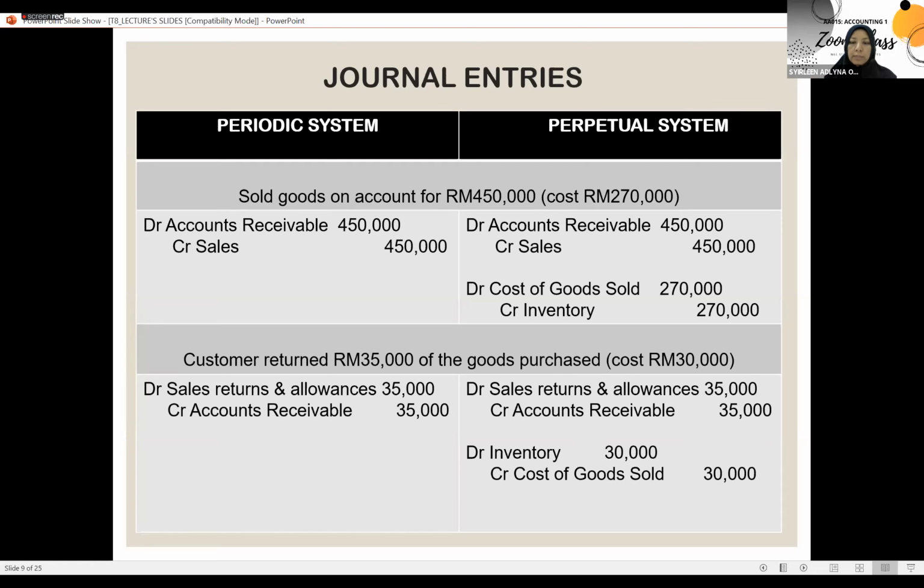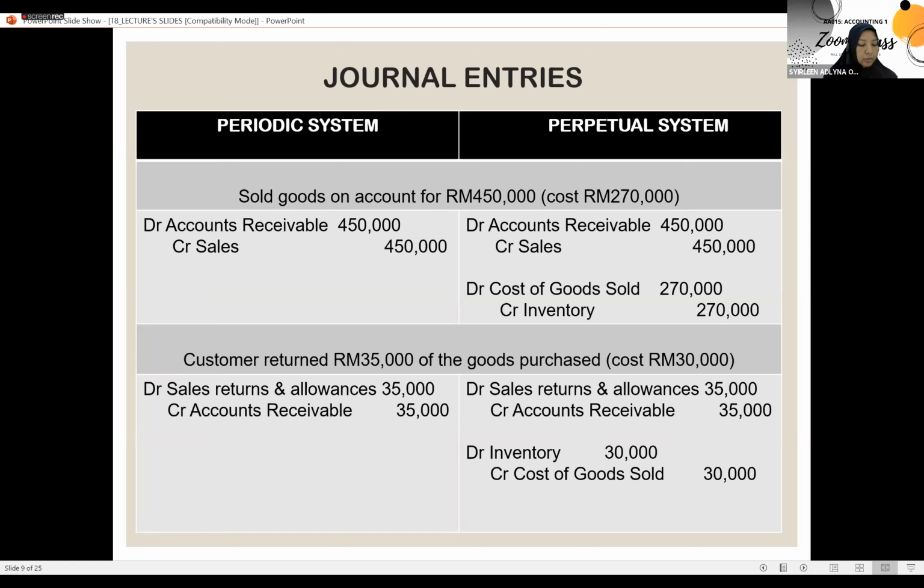Satu record macam record returns biasa, the second one is to update your inventory value, di mana you akan masukkan balik that returns to your inventory accounts. Okay, alright, so ini untuk journal.